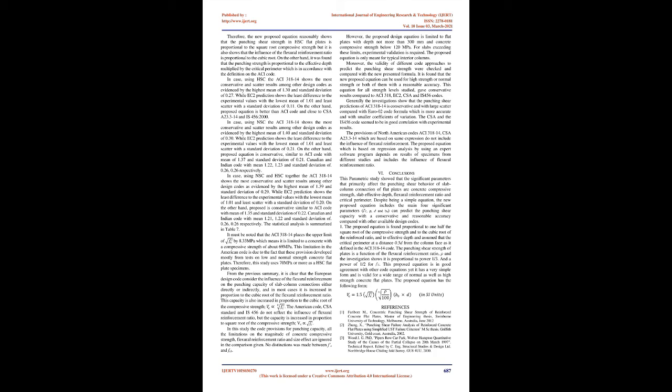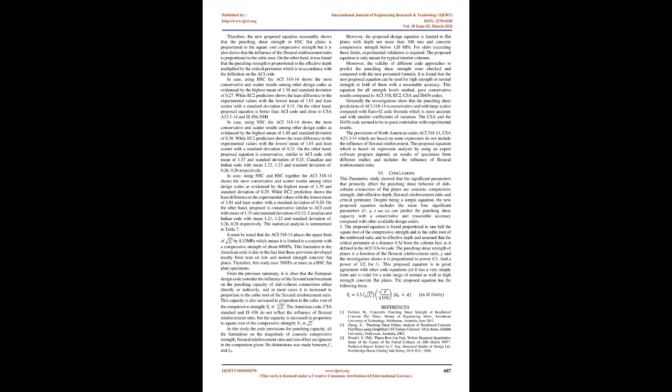Moreover, the validity of different code approaches to predict the punching shear strength was checked and compared with the newly presented formula. It is found that the new proposed equation can be used for high strength or normal strength concrete or both of them with reasonable accuracy. This equation, for all strength levels studied, gave conservative results compared to ACI 318, EC2, CSA and IS 456 codes.